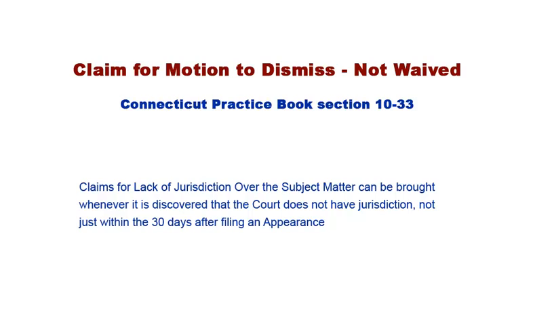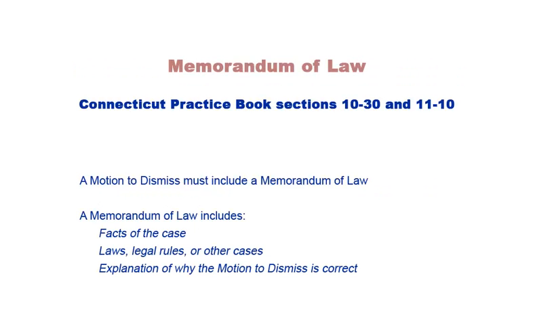A motion to dismiss on this ground is not limited to the 30 days after the filing of an appearance as described in Connecticut Practice Book section 10-30 or to the order of pleadings described in Section 10-6.